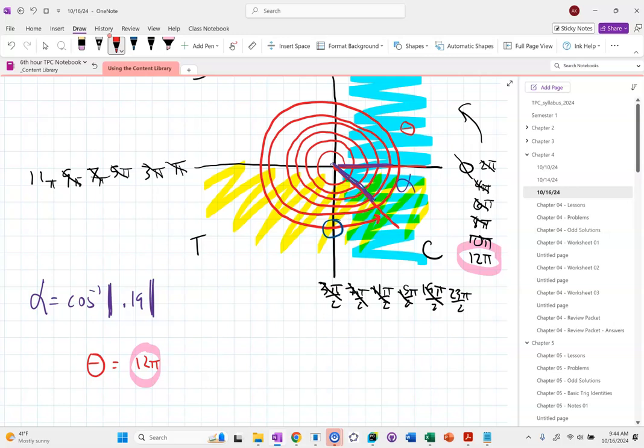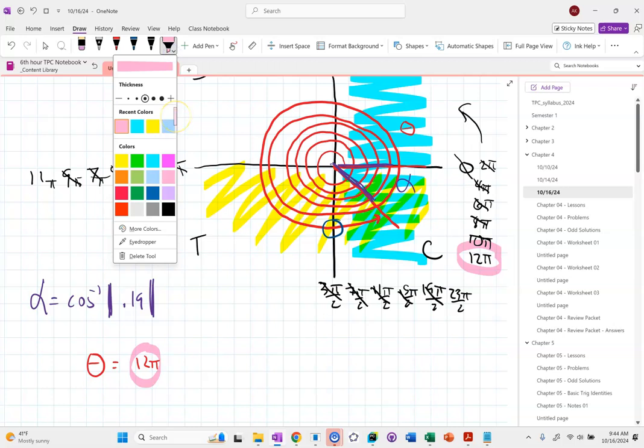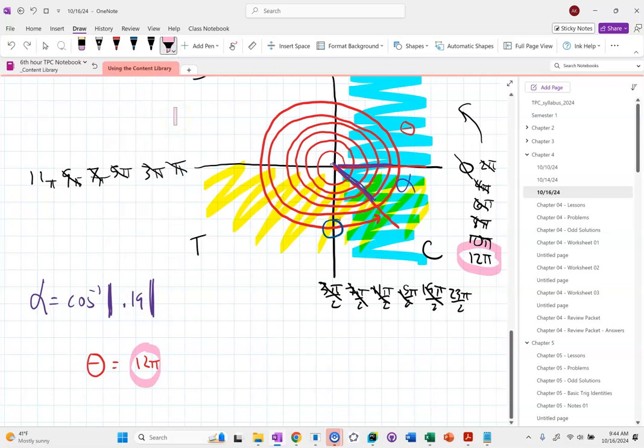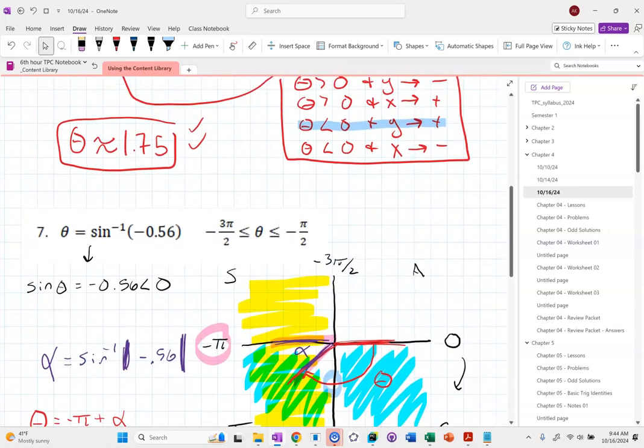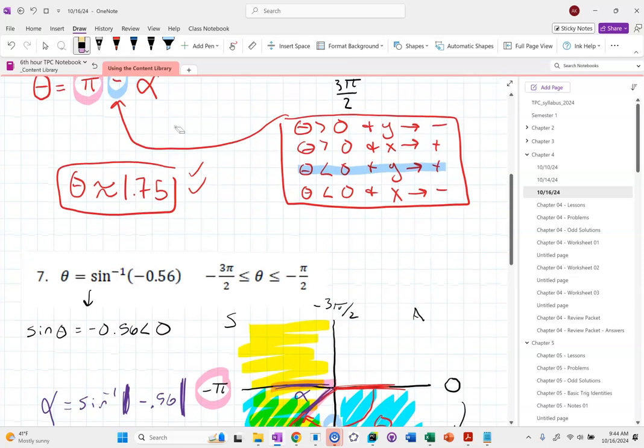So far, so good. And then the other piece I care about is right here. Since theta was positive, and we crossed the y-axis last, I'm going to be subtracting.